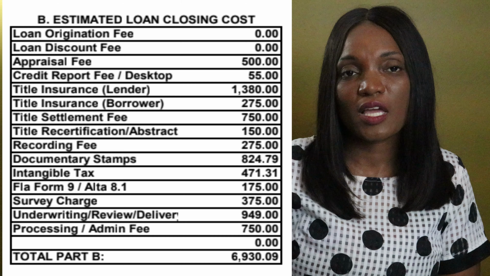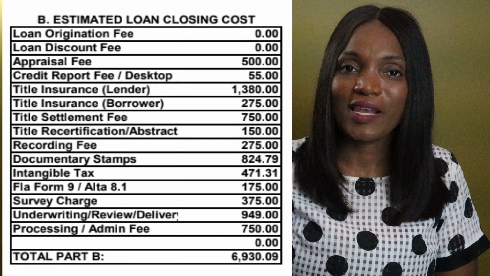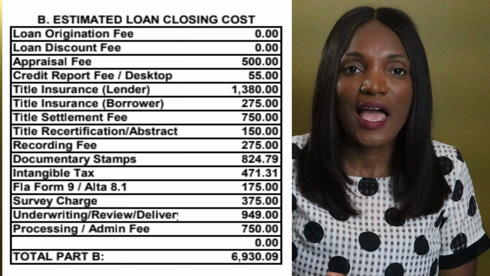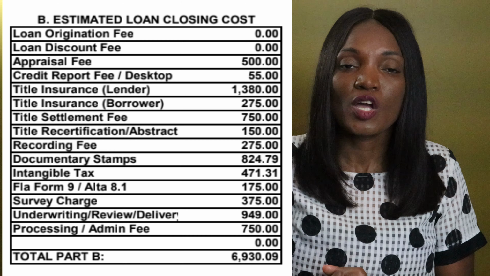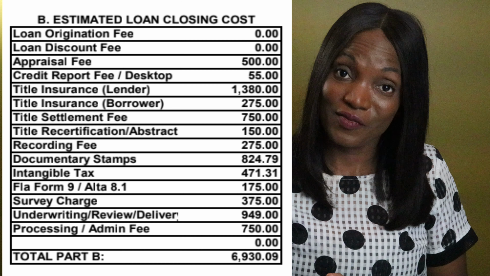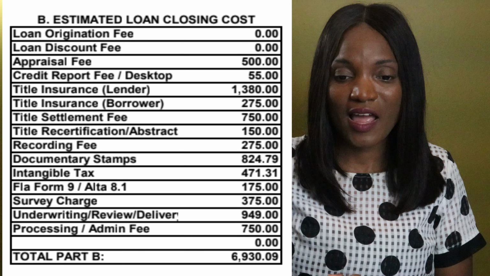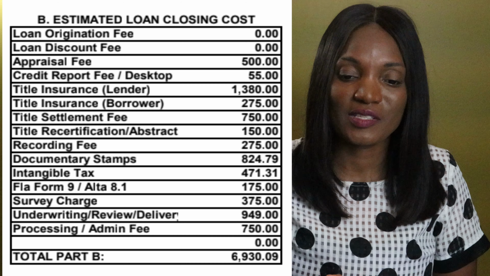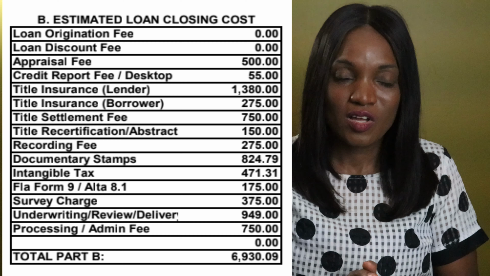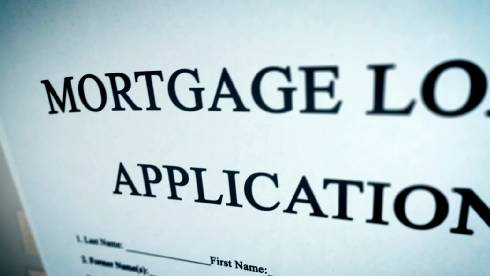There's also another tax right here, which is the intangible tax. Every time you take out a new mortgage, you will have to pay an intangible tax. It's like a sales tax, and it's normally paid on the loan amount in this instance. There's also a survey charge. This charge is $375. You will also have to pay, as the buyer, a fee to review your document.